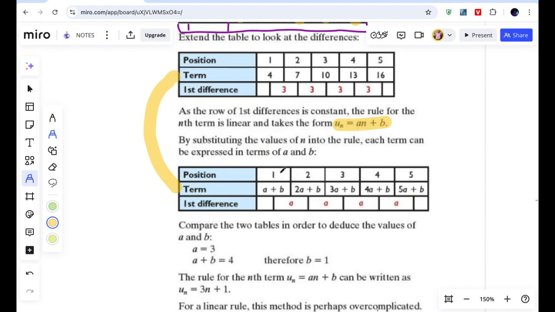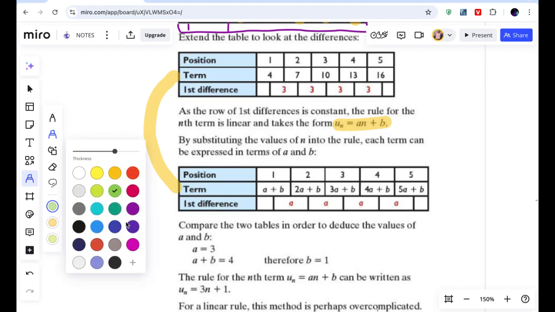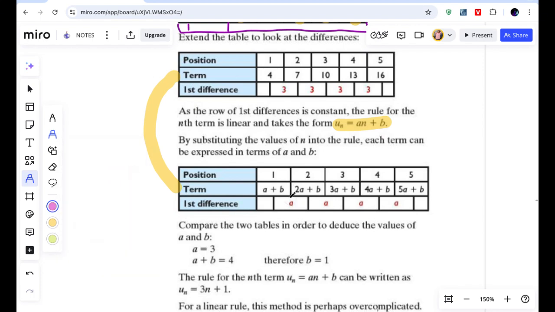In place of n, you put 1, using this function. 1 times a is a, plus b. So this place becomes a plus b straight away.